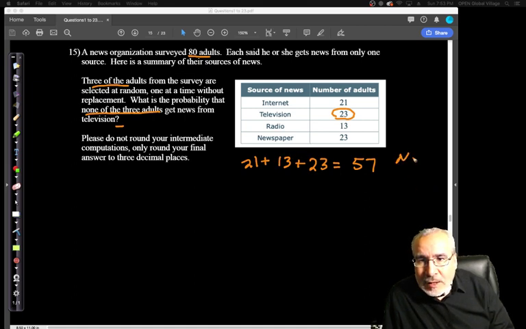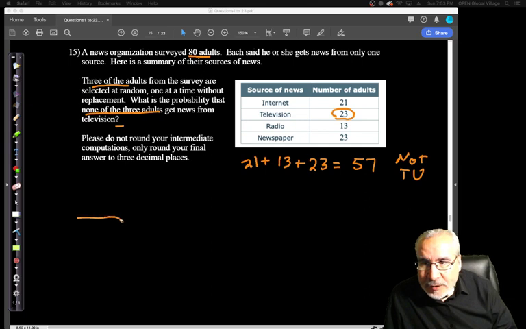So this is not TV. Got a total of 80. So when we go to select our first of our random adults, we've got a chance: 57 out of 80.